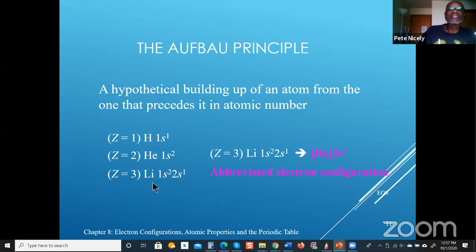So this would represent the electronic configuration of the next element, which is lithium. And if you continue with that same process, you can generate the electronic configuration of pretty much any atom, with a few exceptions, which we'll get into shortly.